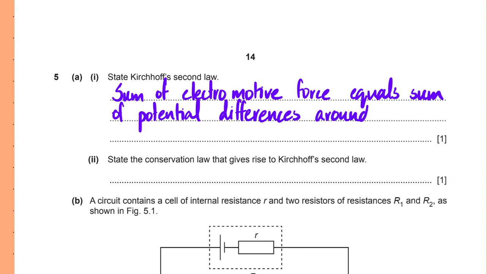This is important to say. Just like when you would be asked Kirchhoff's first law, you'll say sum of currents entering equals sum of currents leaving, but if you don't say at a junction, then you would lose that mark. State the conservation law that gives rise to Kirchhoff's second law, so that's the conservation of energy.